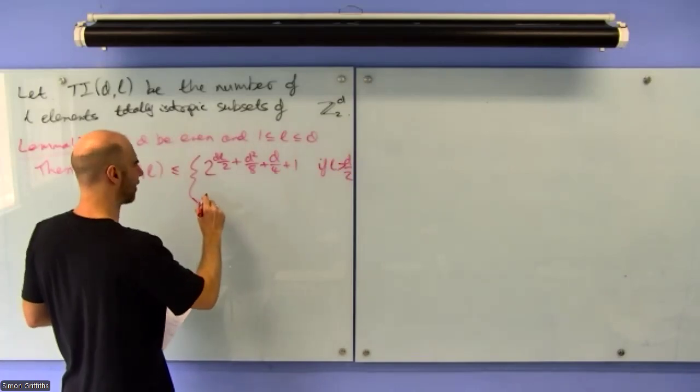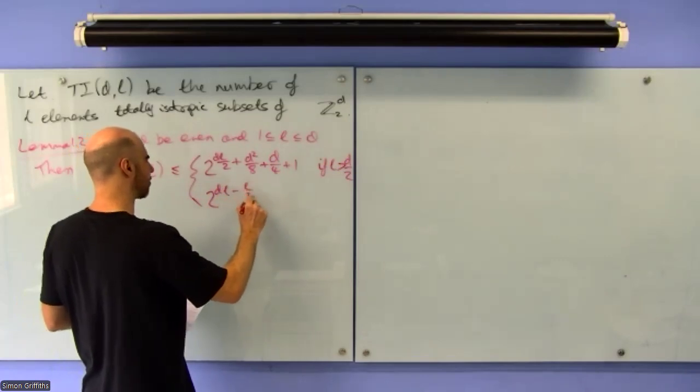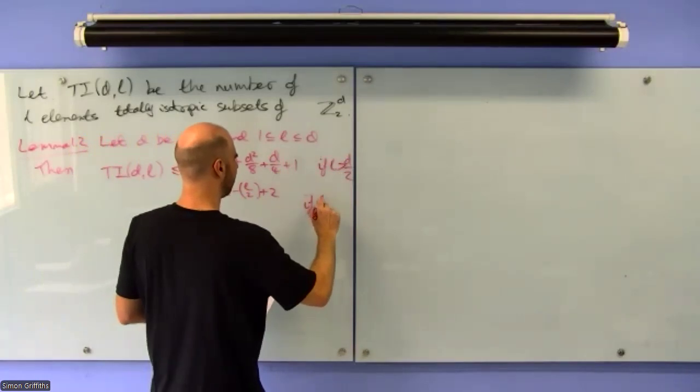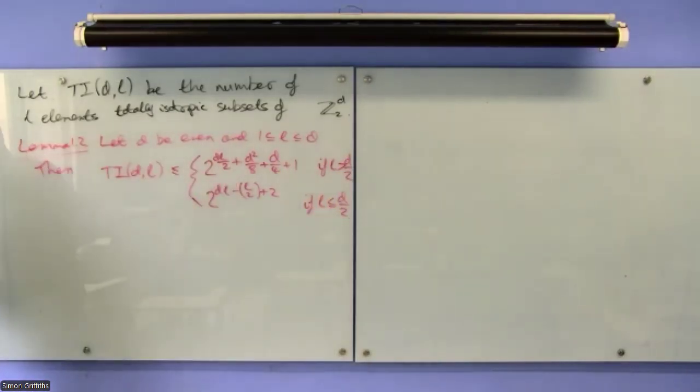And if L is at most D/2, 2 to the DL − (L choose 2) + 2. So let's see how you prove these bounds.